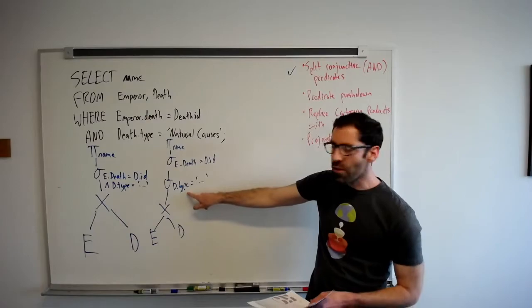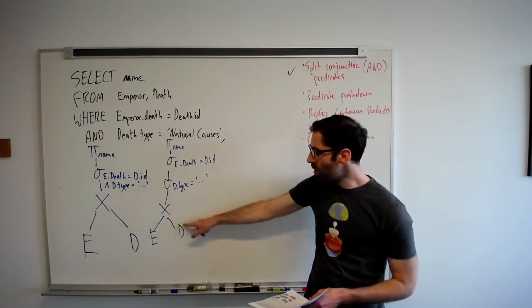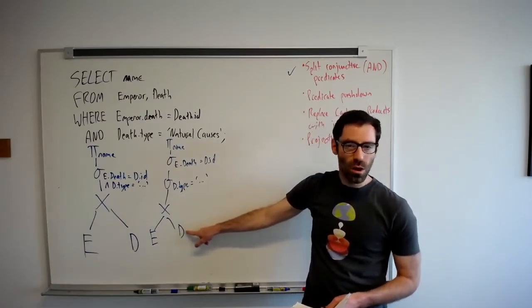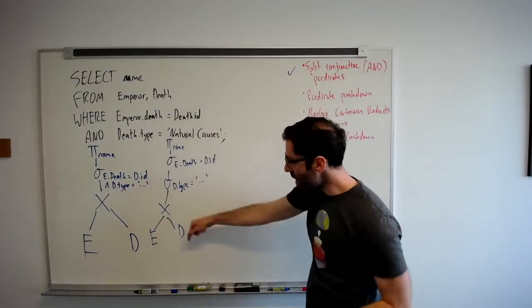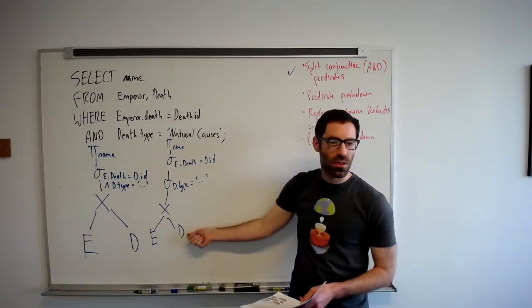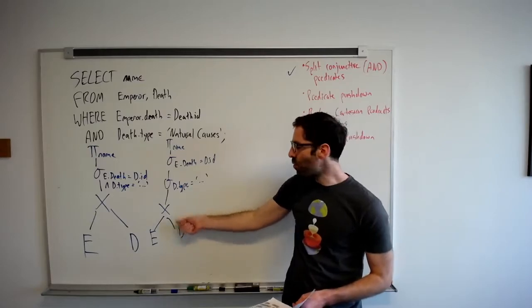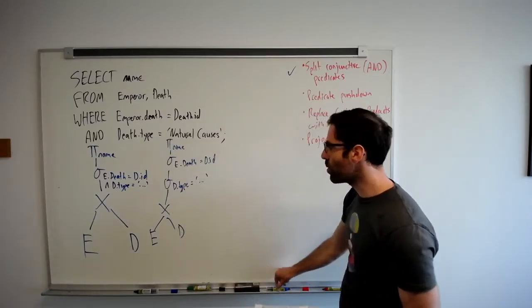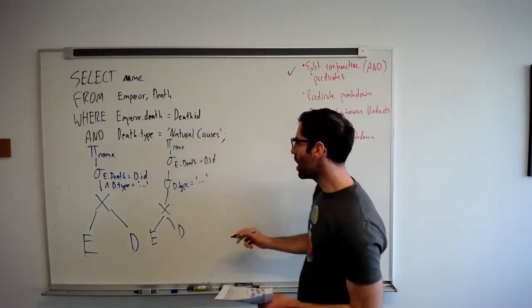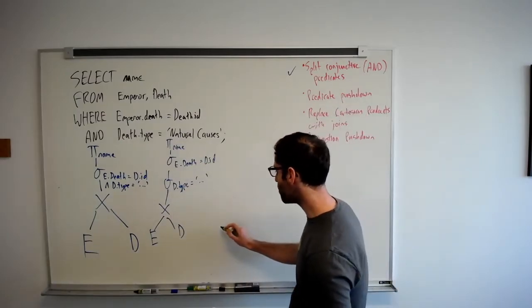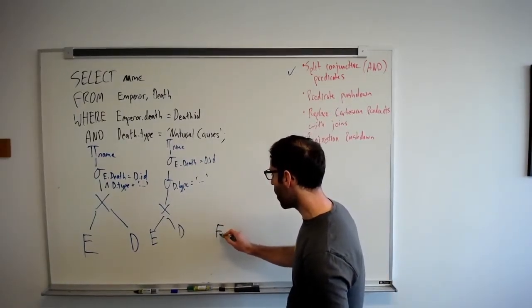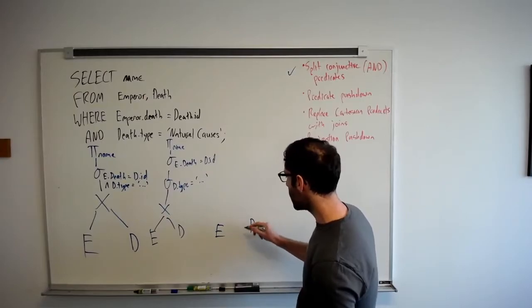But this other selection is just on one of our relations. So we can push that down and filter out some of the entries in this relation before we get to the cross product. Now we'll reduce the total number of tuples that would go up further in our plan. So we rewrite it like this.